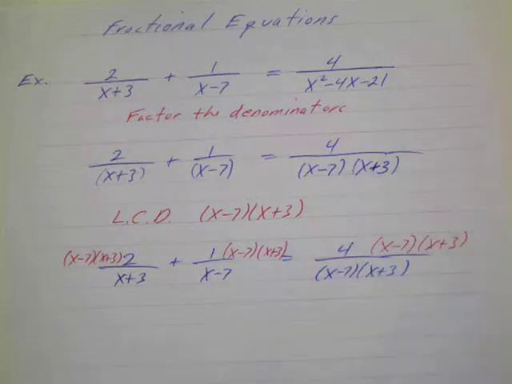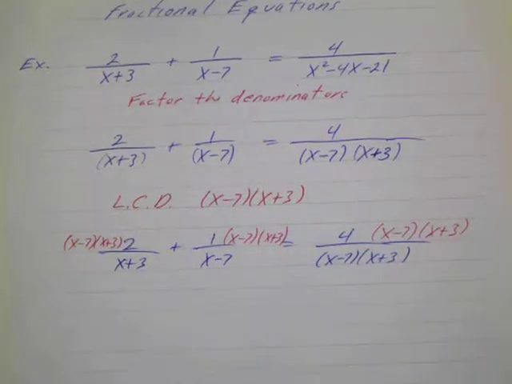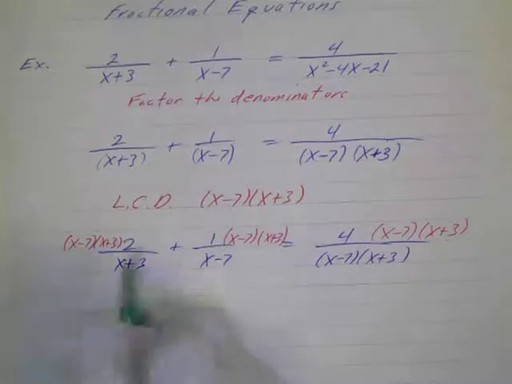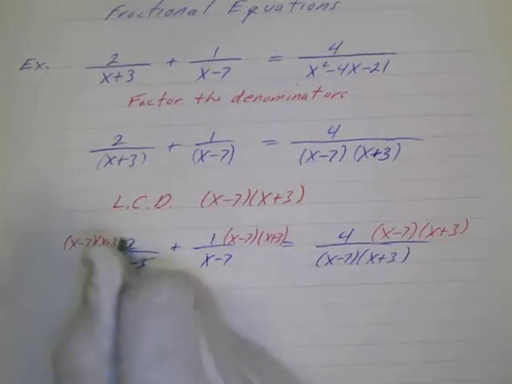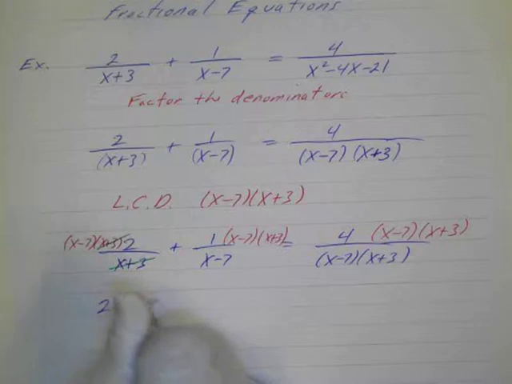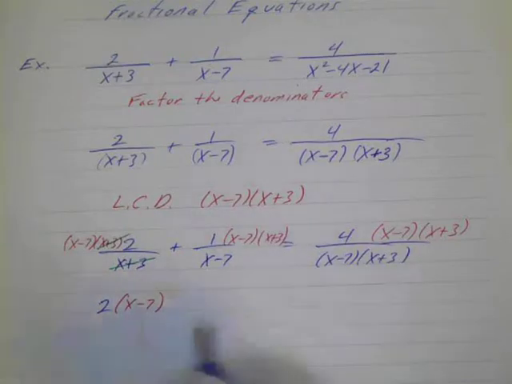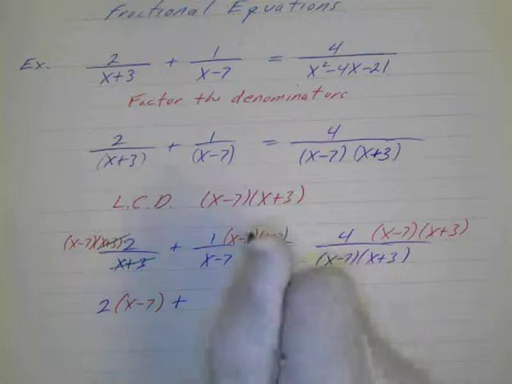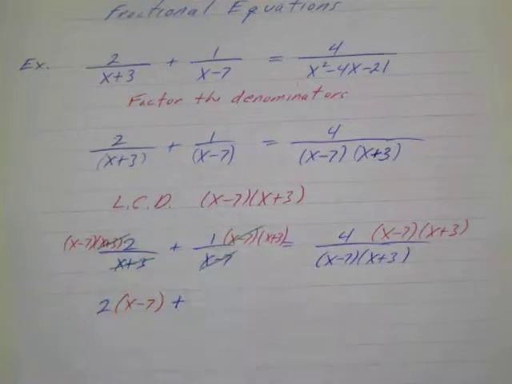So multiply every term by the LCD. And when we do that, we can see that x plus 3 over x plus 3 is 1. So what's left is 2 times x minus 7 plus, and then x minus 7 over x minus 7 is 1. So what's left is just 1 times x plus 3.